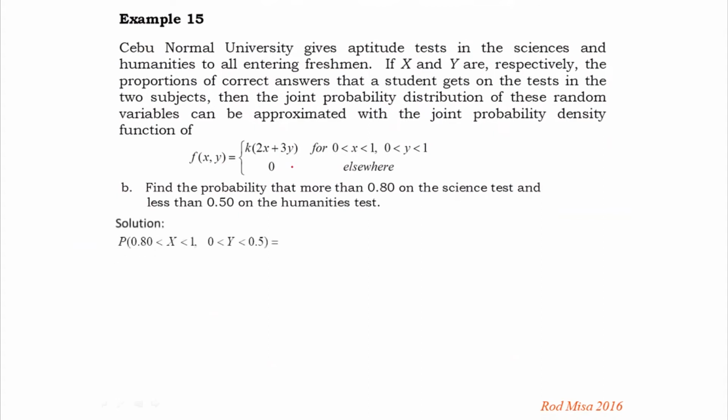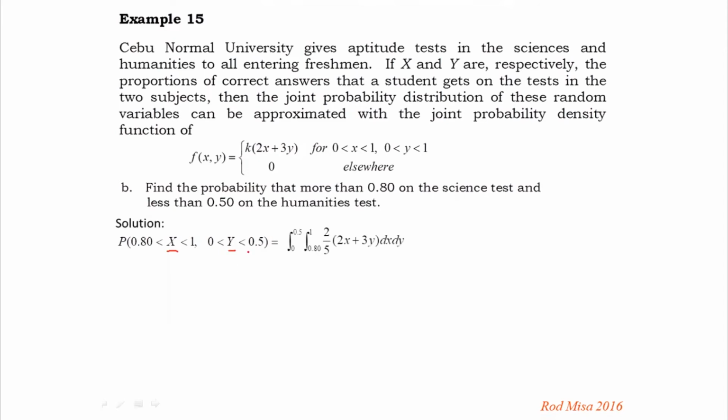So solving for our probability value of your random variable x from 0.80 to 1, because we are solving here the probability of answering the test items more than 80% in the science test. And then our random variable y is from 0 to 0.5, since we are after the probability of answering the humanities test questions less than 50%.